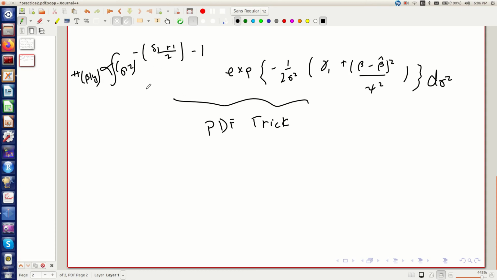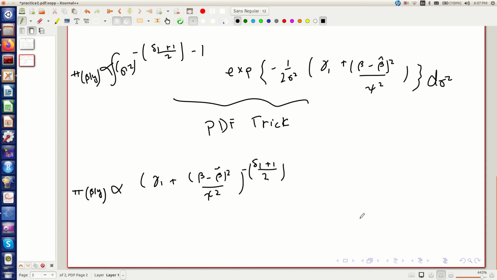So I know that the integral of this is going to integrate to this one here, beta minus beta hat squared, to the negative delta over 2, and then over some other stuff. But since we're working up to a constant of proportionality, those normalizing constants don't matter to me.